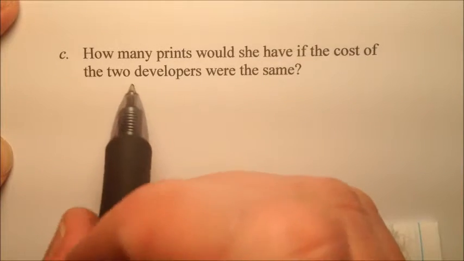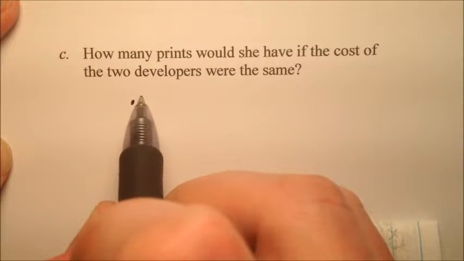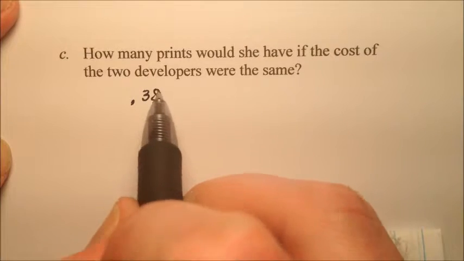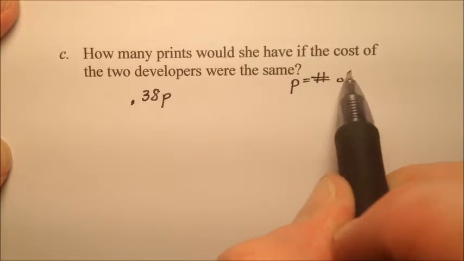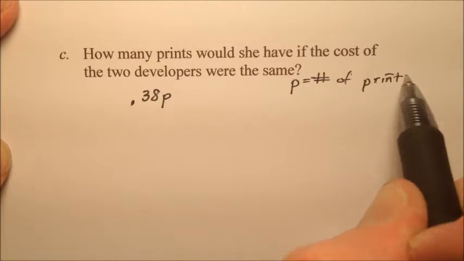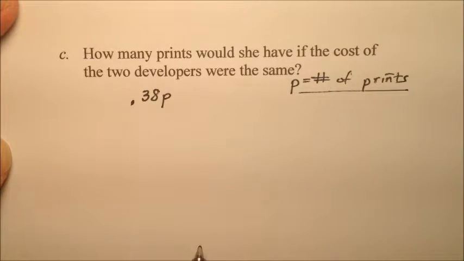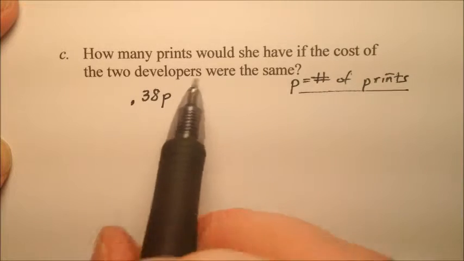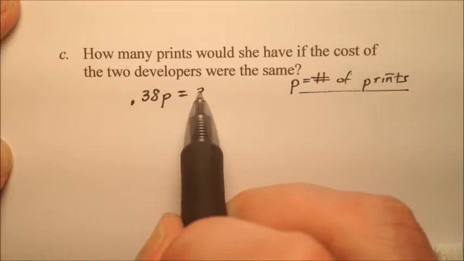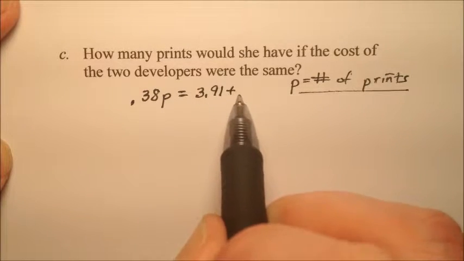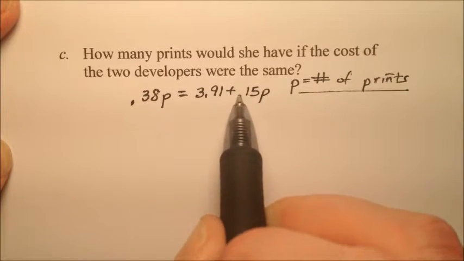So we know that the one company is 38 cents per print, where we're going to say P. So let's put up here, P is number of prints, and that'll be our variable definition. So 0.38 times the number of prints equals our $3.91 plus 15 cents per print.